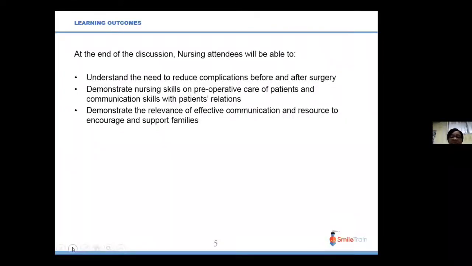Also demonstrate the relevance of effective communication and resources to encourage and support families.